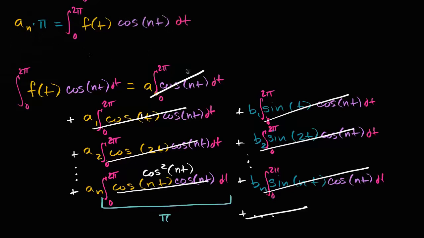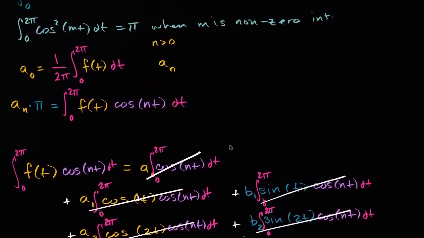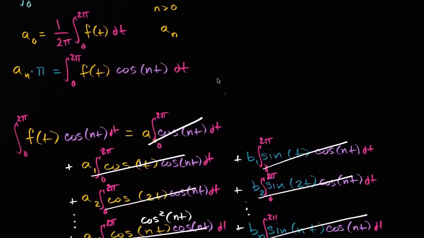And so we can now solve for a sub n. We just divide both sides by pi, and we get, I think we deserve a little bit of a drum roll, a sub n is equal to 1 over pi times all of this business, times the definite integral from 0 to 2 pi of f of t cosine nt dt.